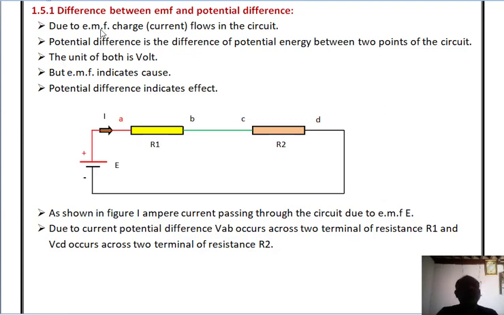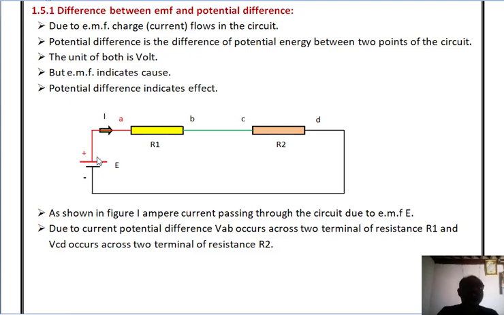The unit of EMF and potential difference is volt, but the EMF indicates the cause while the potential difference indicates its effect. Now here we are taking two resistors R1 and R2 which are connected in series, and this series combination is connected across this battery supply.